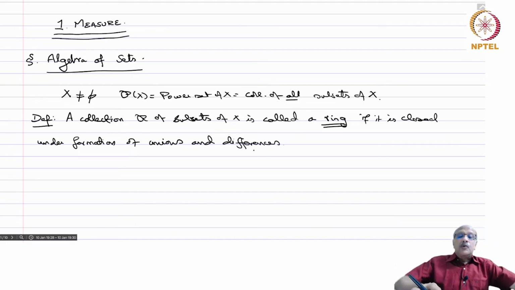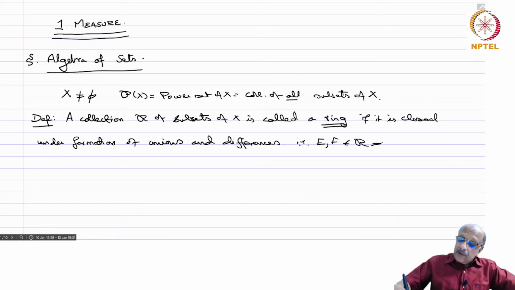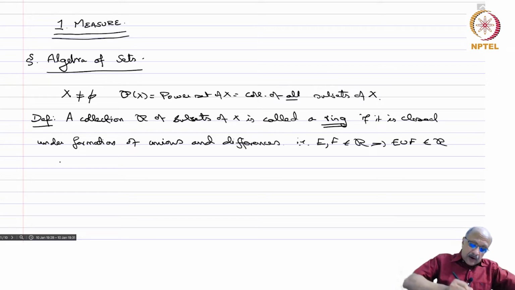Because we wanted to put together sets, we want to take away some sets and so on, and therefore where the measure is going to be defined should be defined on a collection which is closed under these operations. That means if E, F belong to R, then this implies that E union F should belong to R, and also E difference F belongs to R. Okay, this is the set theoretic difference of the two sets.